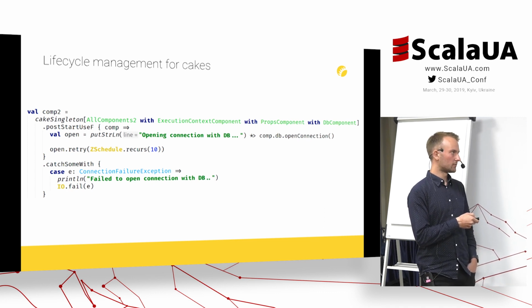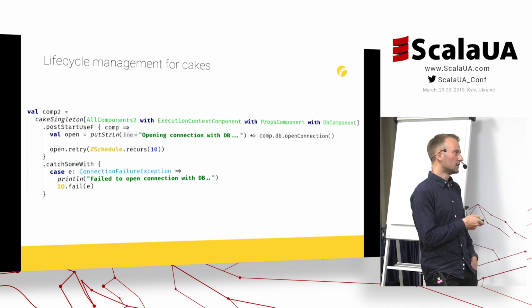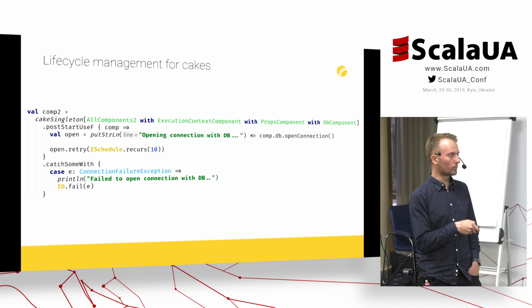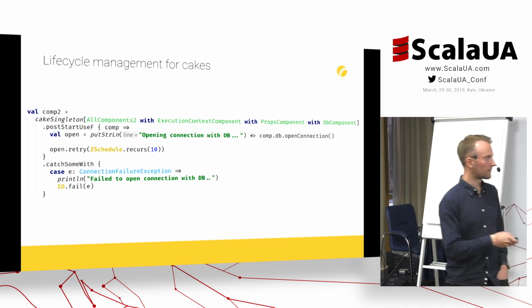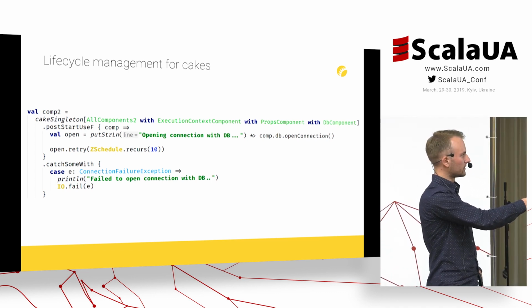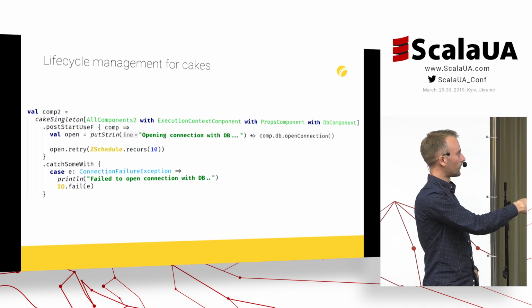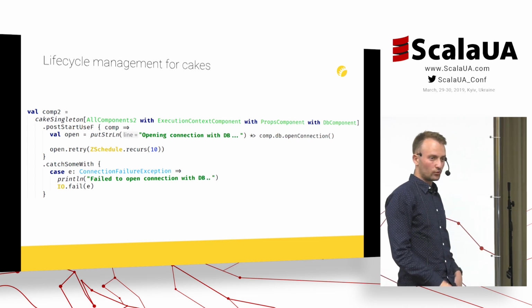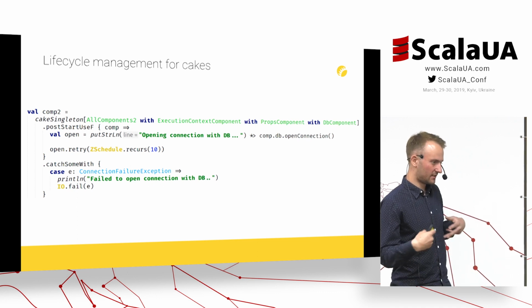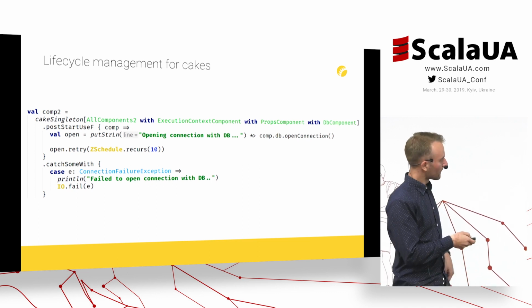Cakeless provides, for instance, postStart use f. It's a higher order function allowing you to perform monadic transformation on the created component. For instance, in this case, if you look at the cake signature, we have that database component. So it is a bad idea to open a database connection when creating an instance of the class.